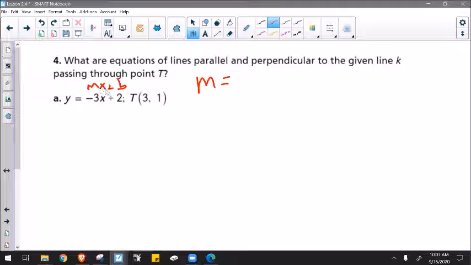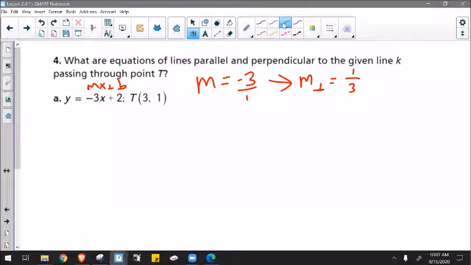I don't really care about the b value, but the slope in this case is -3. So what that means is the perpendicular slope, remember you could call this -3 over 1. So the perpendicular slope, you're just going to take that first one, flip it upside down. If it's negative, make it positive, and you're going to have positive 1/3.